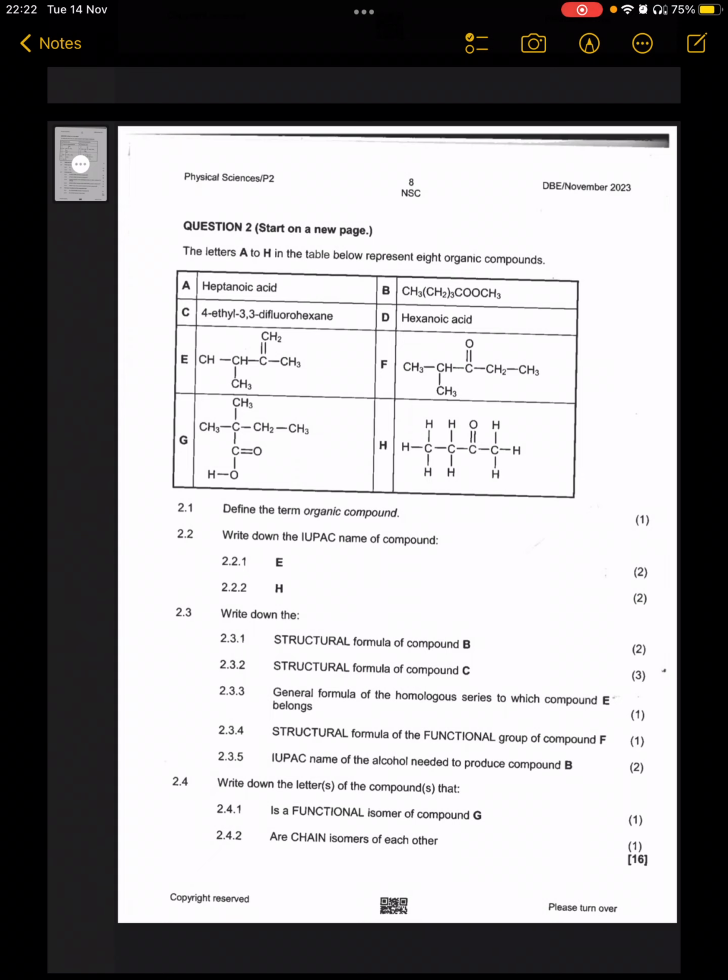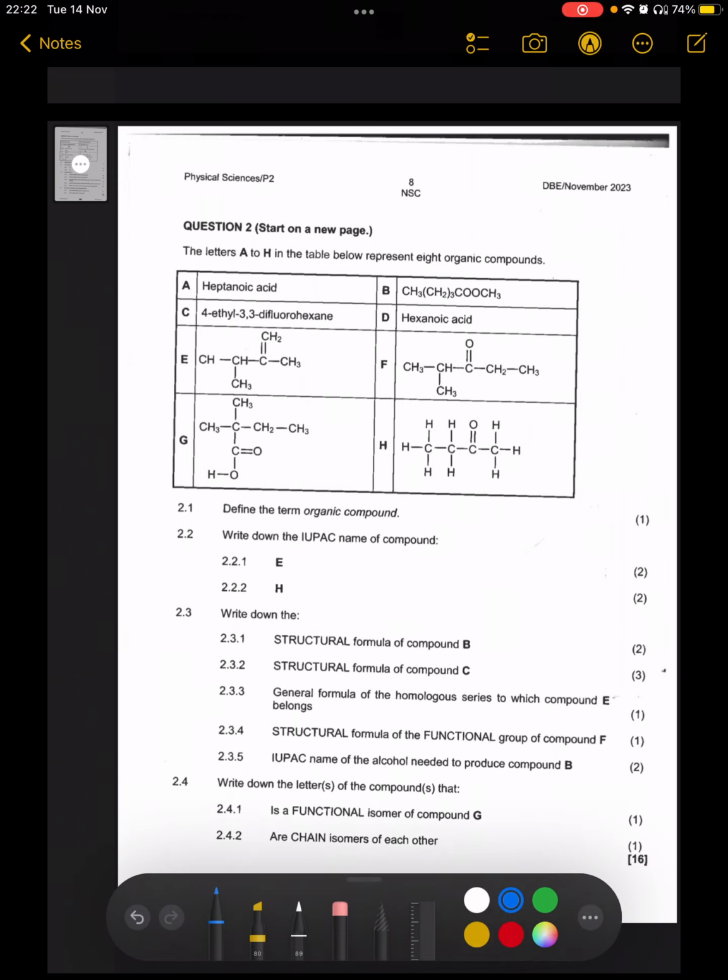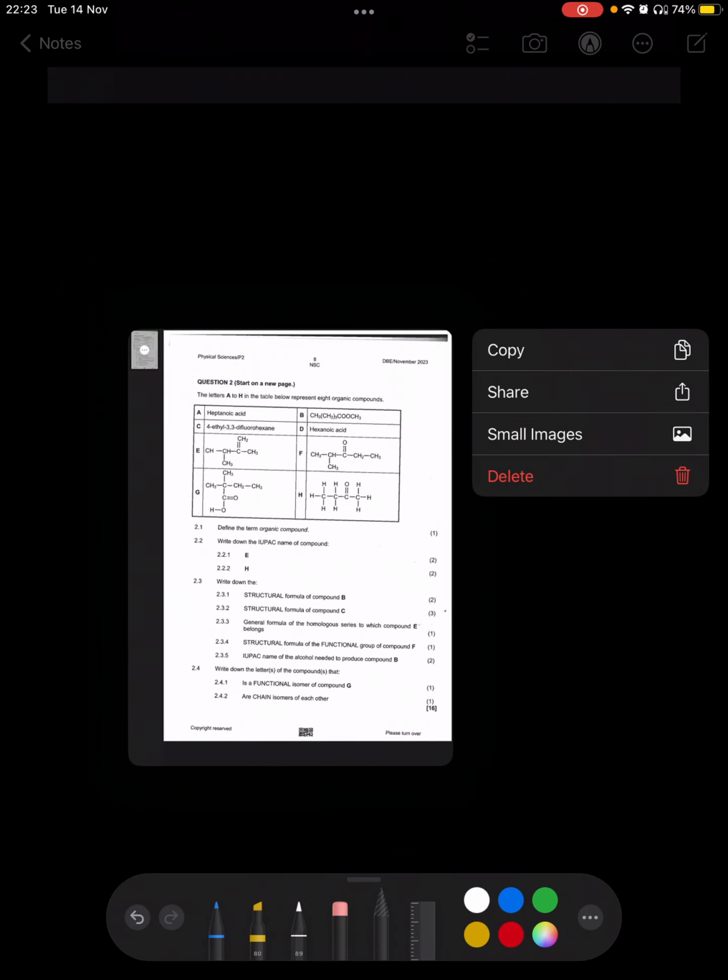Now, question 2 had some sort of an error. I don't know, maybe it's a printing error, whereby compound E, I think here it's supposed to be a 3.